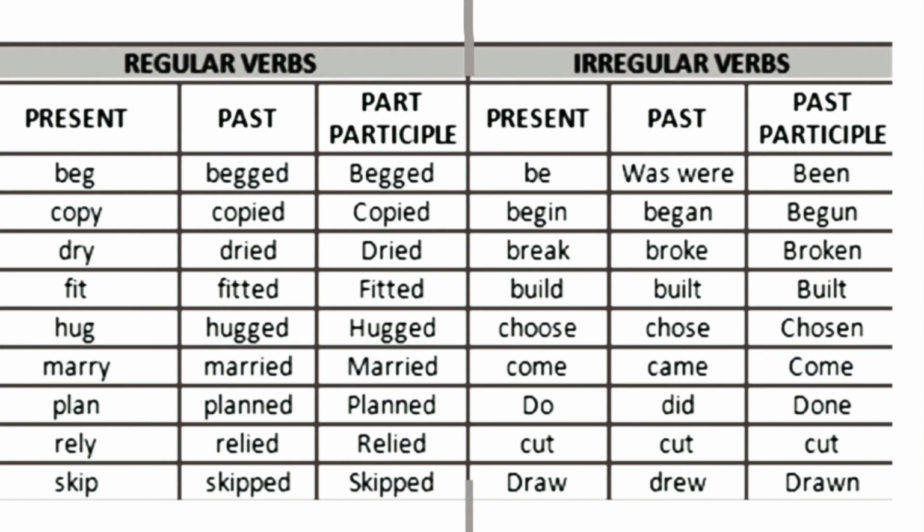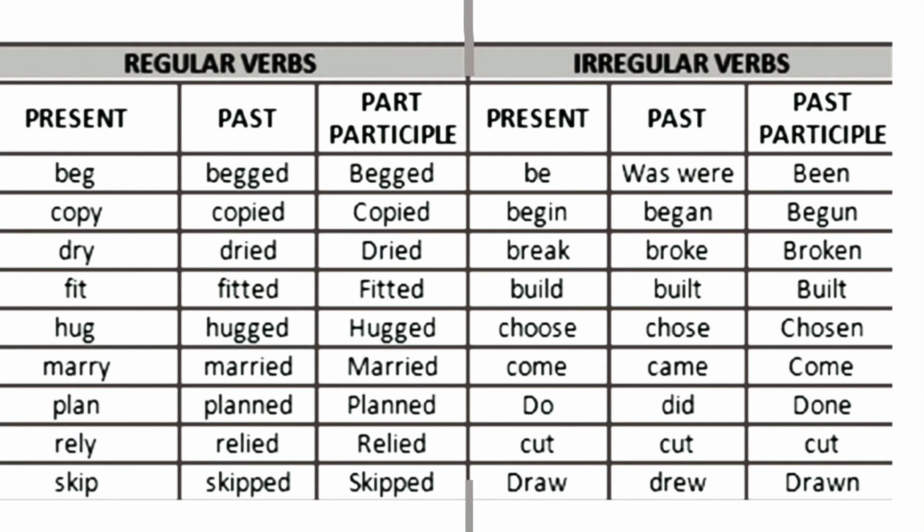Talking about the forms of verb, a verb has three forms: present, past, and past participle. They are also known as first, second, and third forms of the verb. In simple past, second form of the verb is used, while in present perfect, third form of the verb is used. Further, verbs are of two types: regular and irregular verbs.